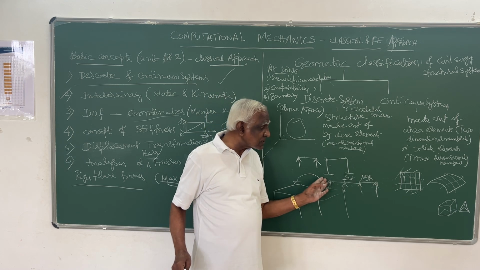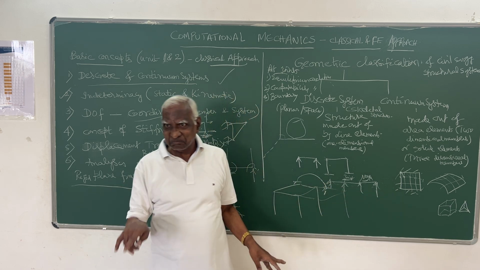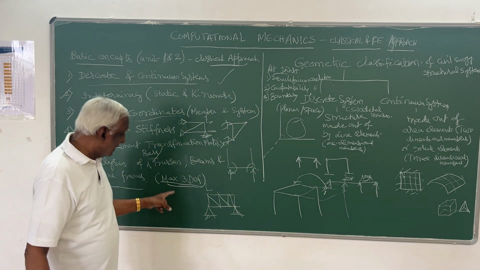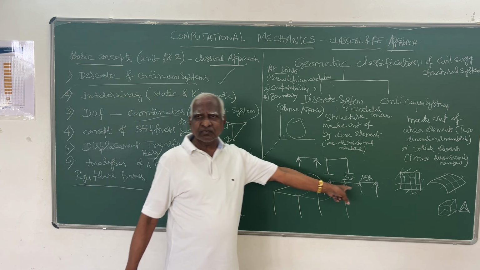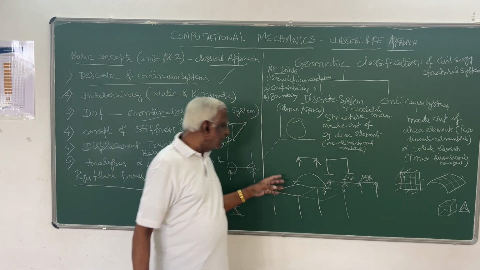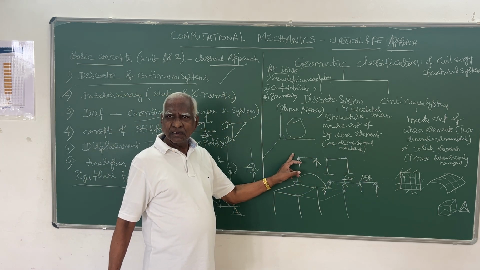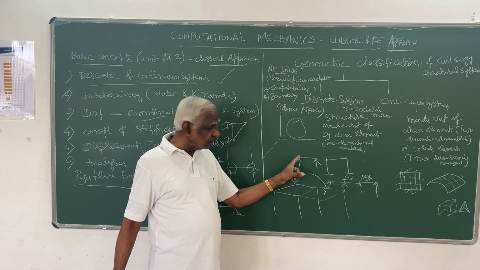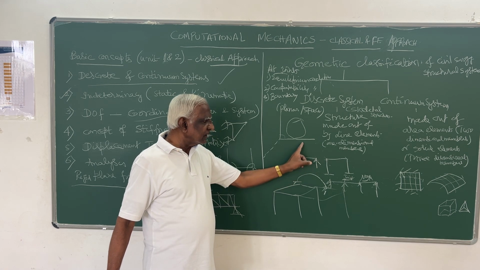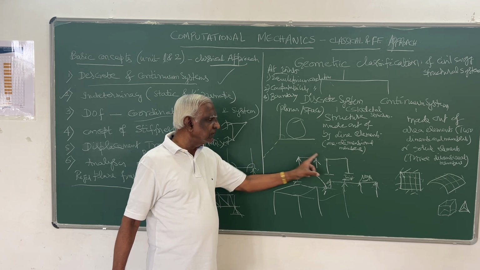Here, 3. This beam problem can be solved because you have put a restriction, maximum degrees of freedom is 3. Here, there is no vertical degree of freedom, 2 degrees of freedom. That is rotation, rotation.